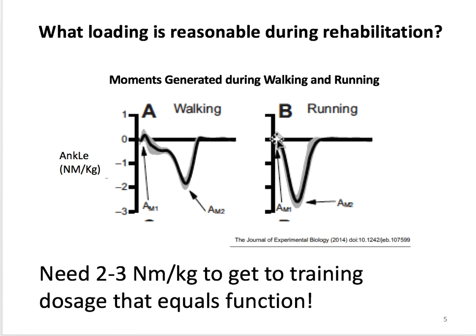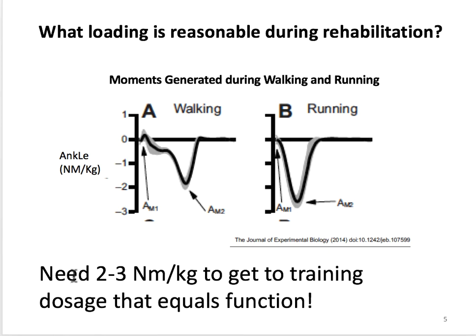We have the same graph here for running. And we notice this is Newton meters per kilogram. The peak ankle plantar flexion moment is around 2 Newton meters per kilogram for walking and 3 Newton meters per kilogram for running, which corresponds to a plantar flexion force on a weight machine of nearly 400 pounds for a 77 kilogram, or 170 pound, man.